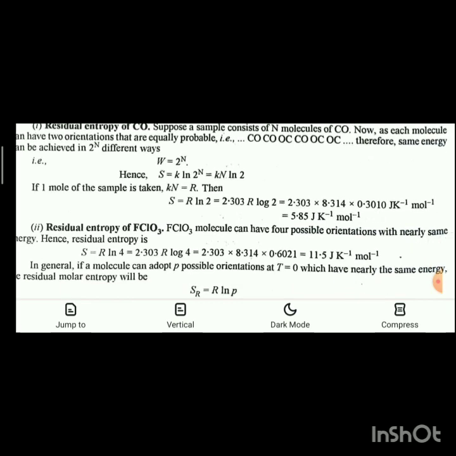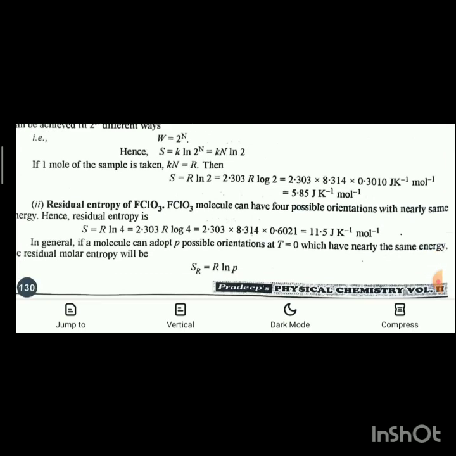Hence, S equals k ln 2^n equals kn ln 2. If 1 mole of sample is taken, kn equals R, then S equals R ln 2 equals 2.303 R log 2 equals 2.303 into 8.314 into 0.3010 joule per Kelvin per mole equals 5.85 joule per Kelvin per mole.